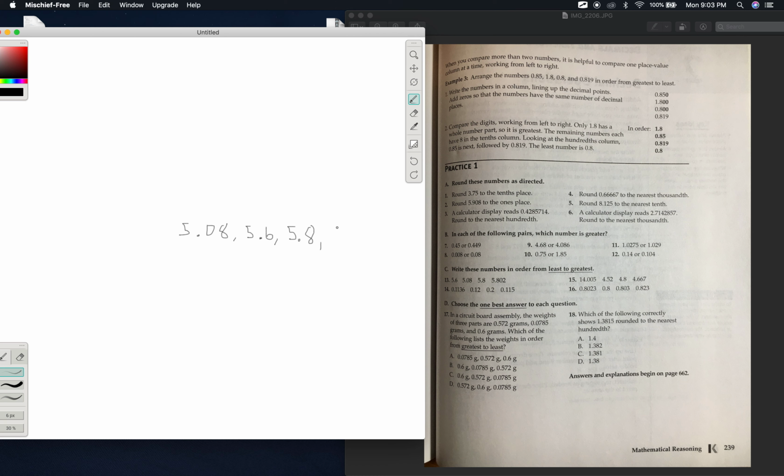And the fourth one is 5.802. Okay, so that's the order: 5.08, 5.6, 5.8, 5.802.